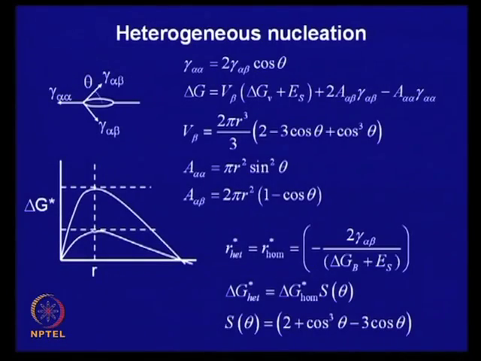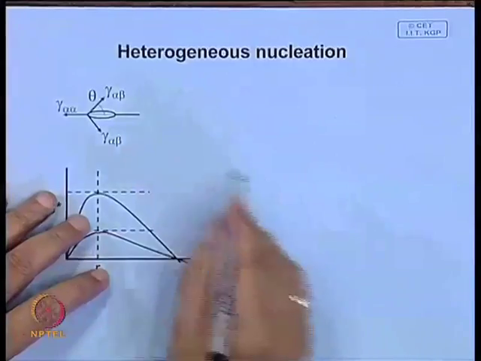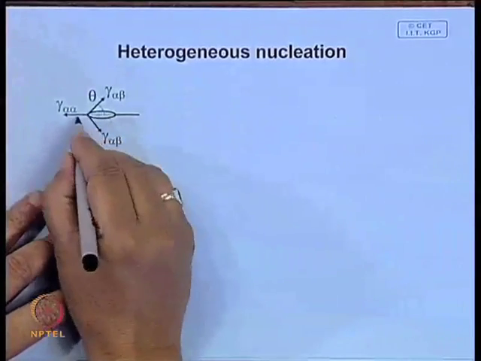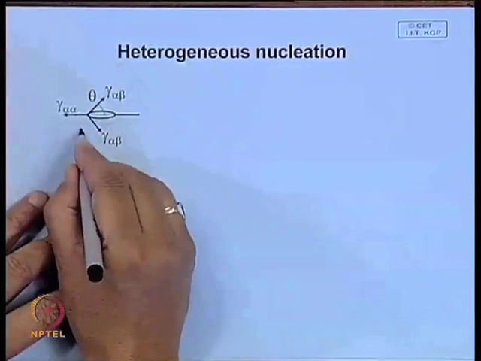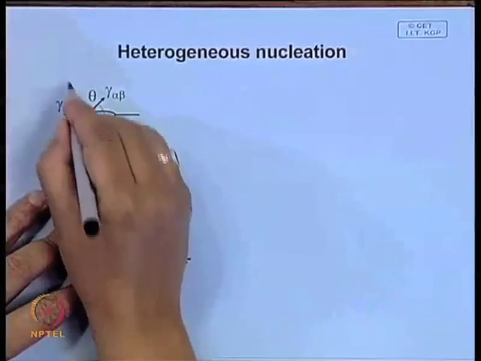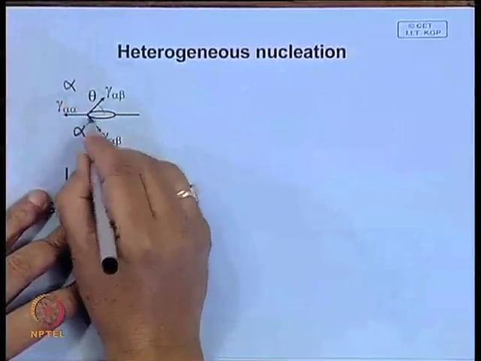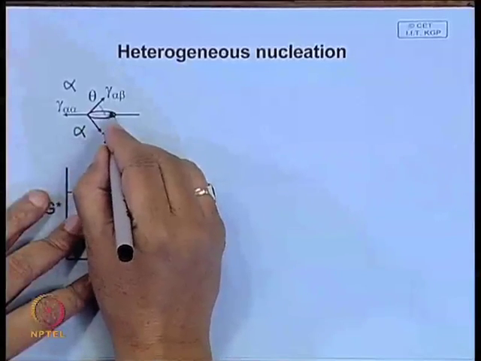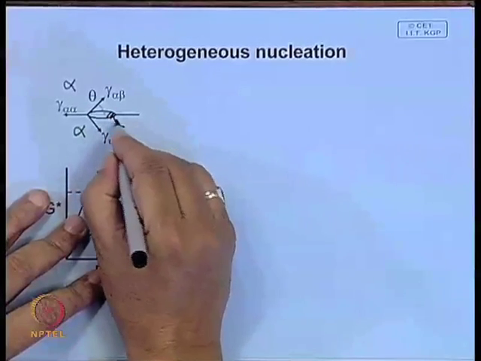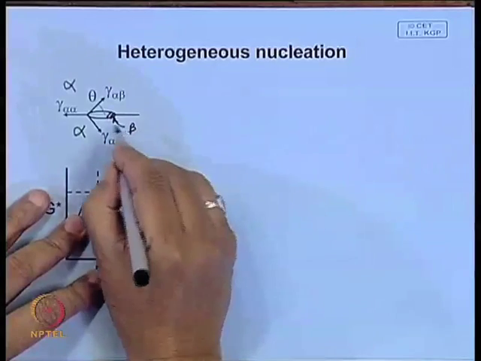And now, let us look in a little detail at the process of heterogeneous nucleation. When heterogeneous nucleation takes place, one of the preferred sites is the grain boundary. This side is a grain alpha, this is grain alpha, and here you have the beta precipitate which has formed.